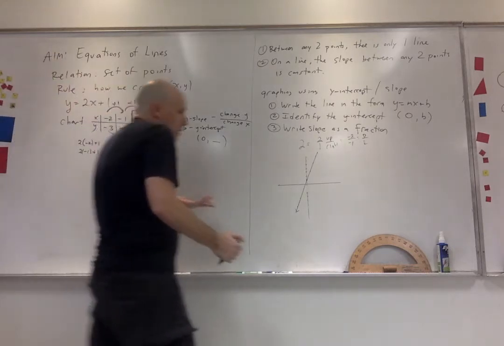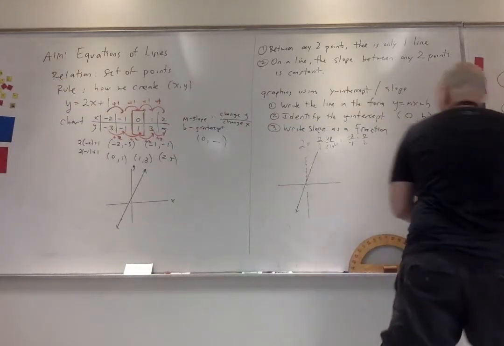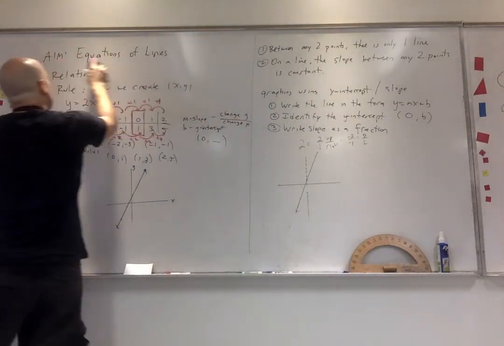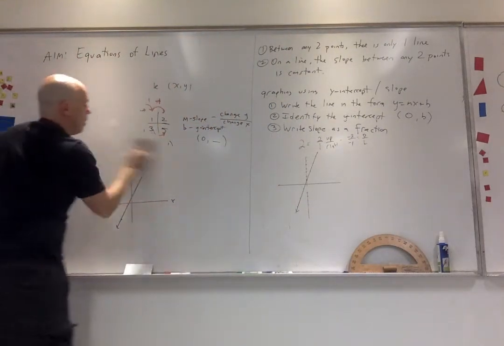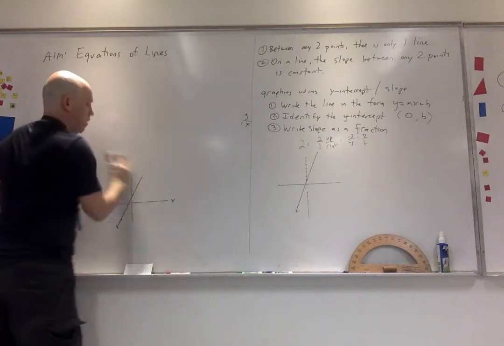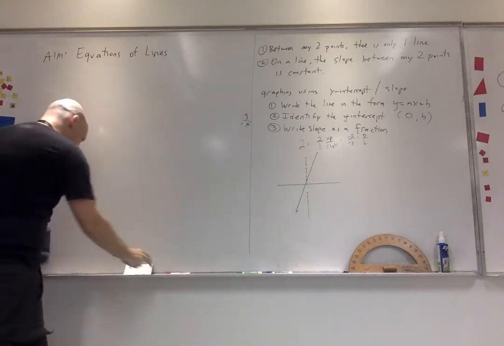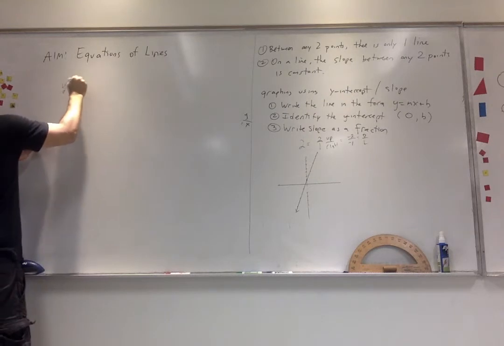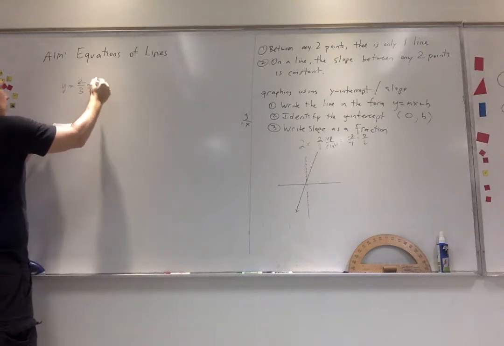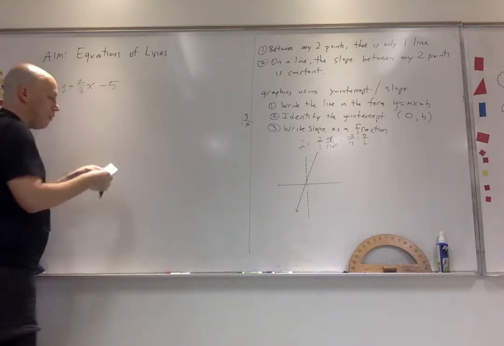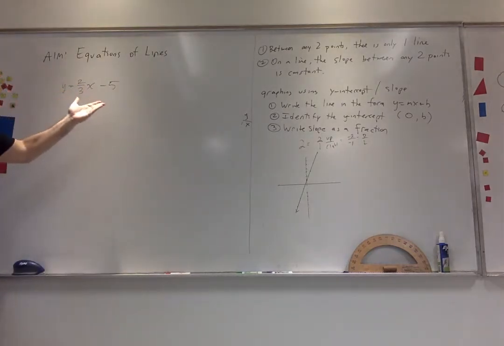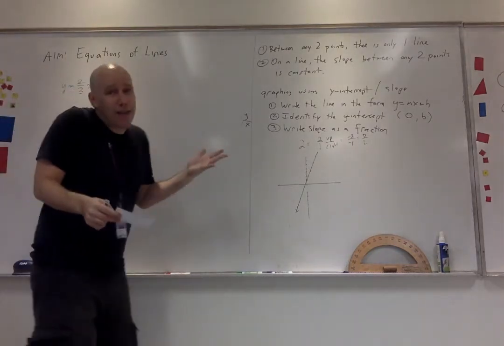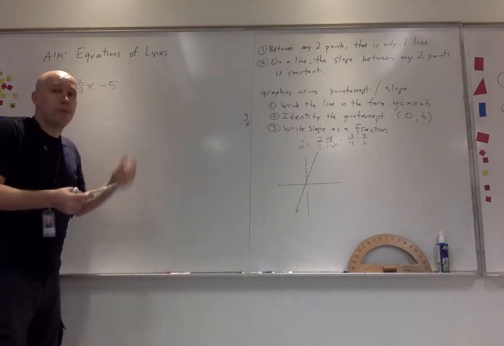So some examples you can do, for y equals 2/3 x minus 5. So is this a line? Yes, it's in y equals mx plus b form.